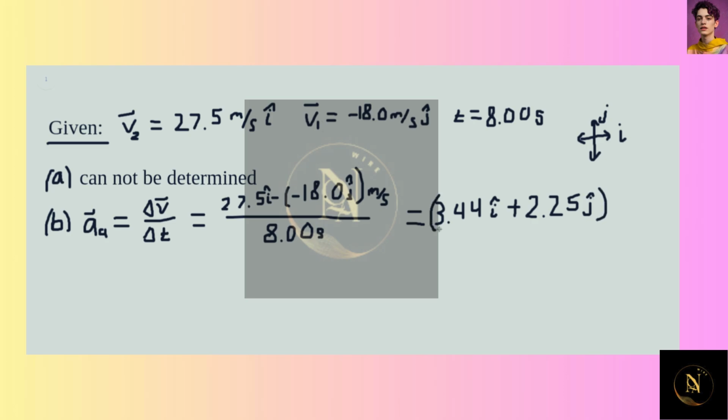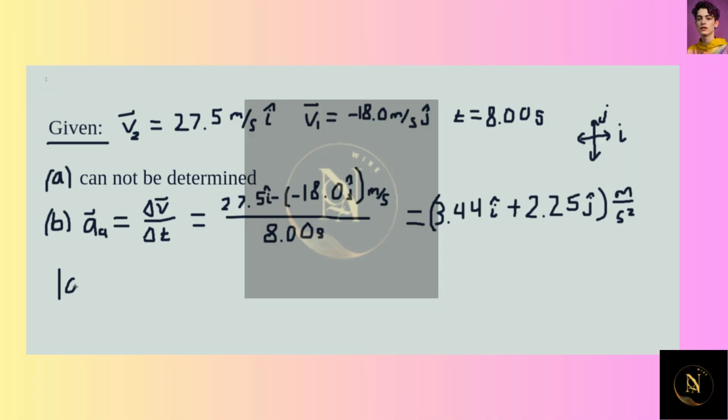The units here are meters per second squared, since this is acceleration. Okay, that's the average. Now it also wants us to determine the magnitude and direction of this average value.